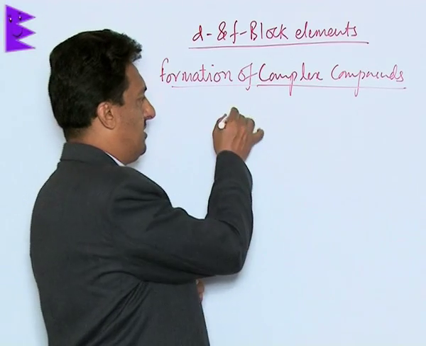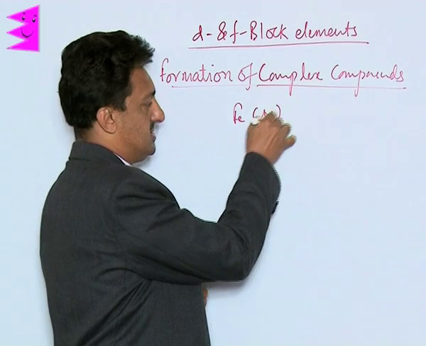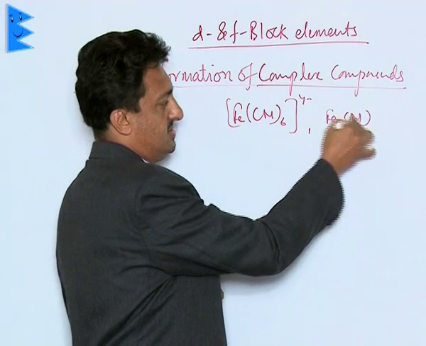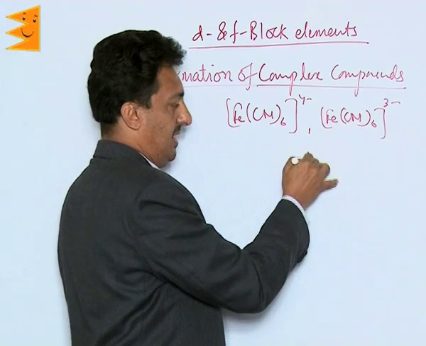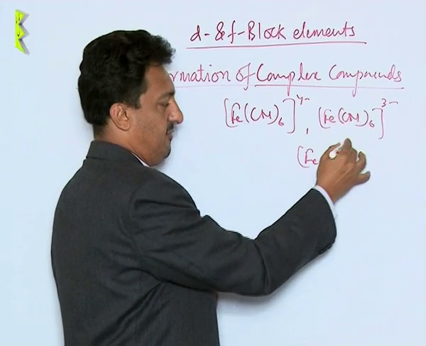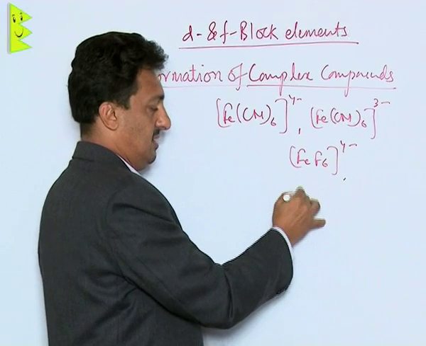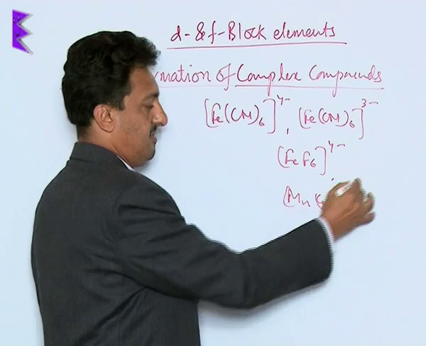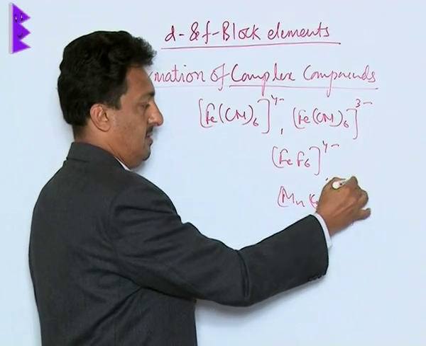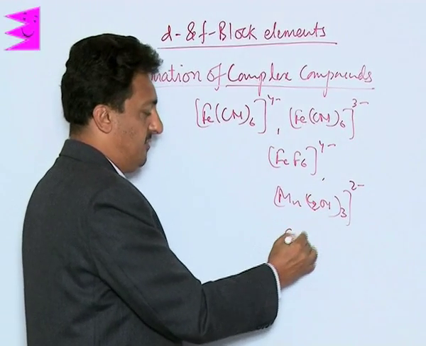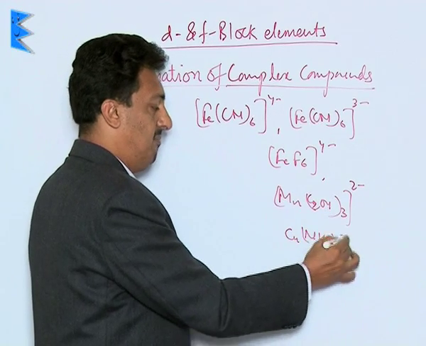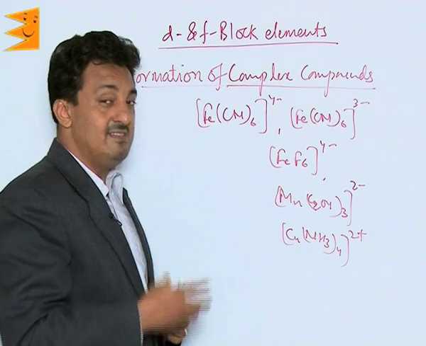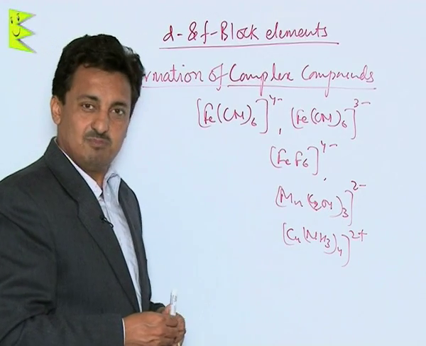See, we know complex or coordinate compounds are like this: [Fe(CN)6]4-, [Fe(CN)6]3-, [Fe(F)6]4-, [Mn(C2O4)3]2-. So like this, we have a number of examples where we find that all these elements have a very high tendency of forming these complexes or complex compounds.